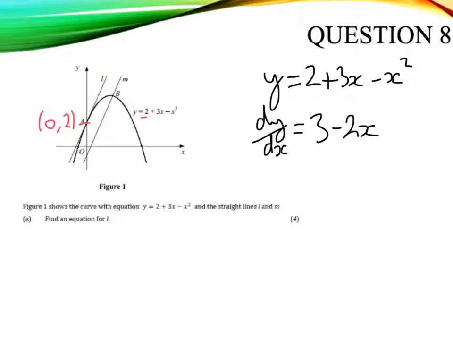So we know the coordinate at this point. Now if we put the x coordinate into my gradient function, we can say that dy by dx at x equals 0 gives me 3 minus nothing, which is 3. So it gives me a gradient of 3.